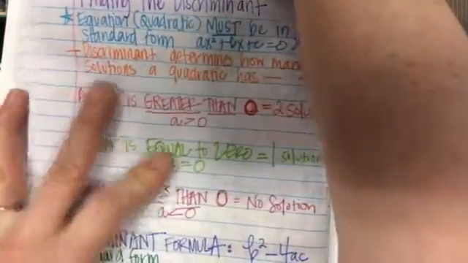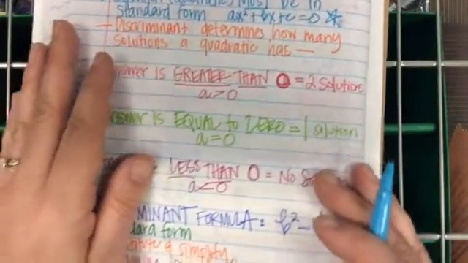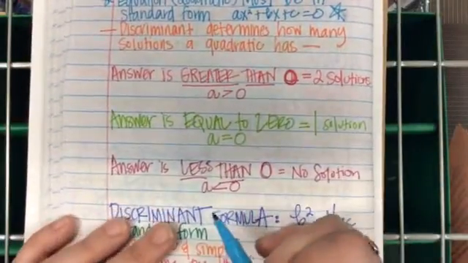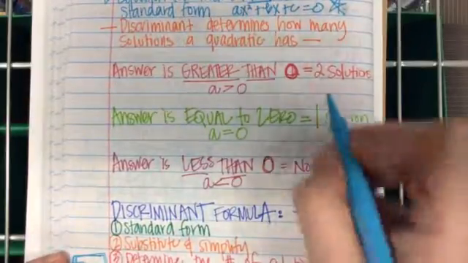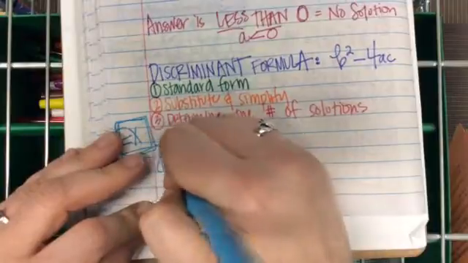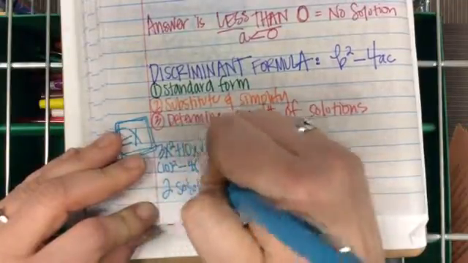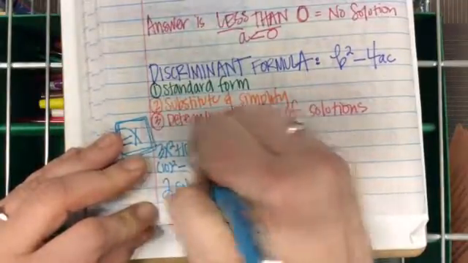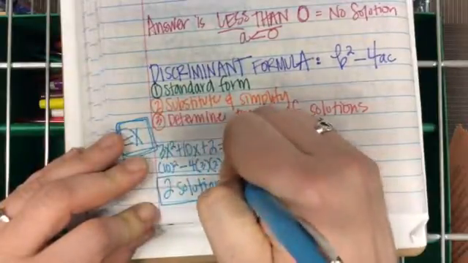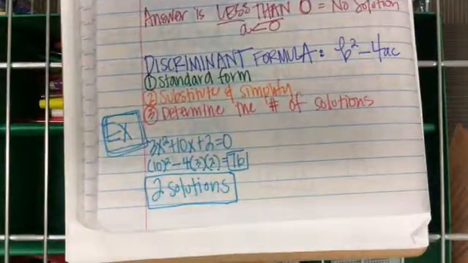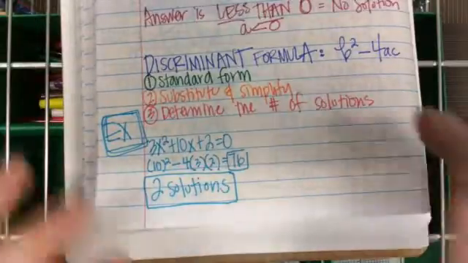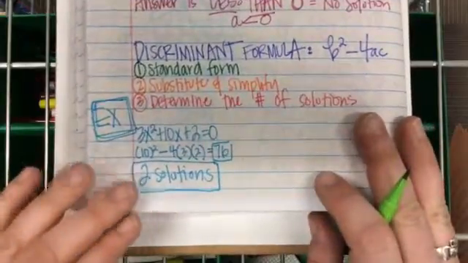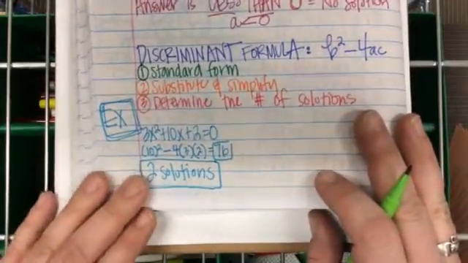We got 76. Where does 76 fit in this? Is it greater than 0, equal to 0, less than 0? So there are 2 solutions. That's it. That's finding the discriminant. There are 2 solutions to this problem. We'll find them later.